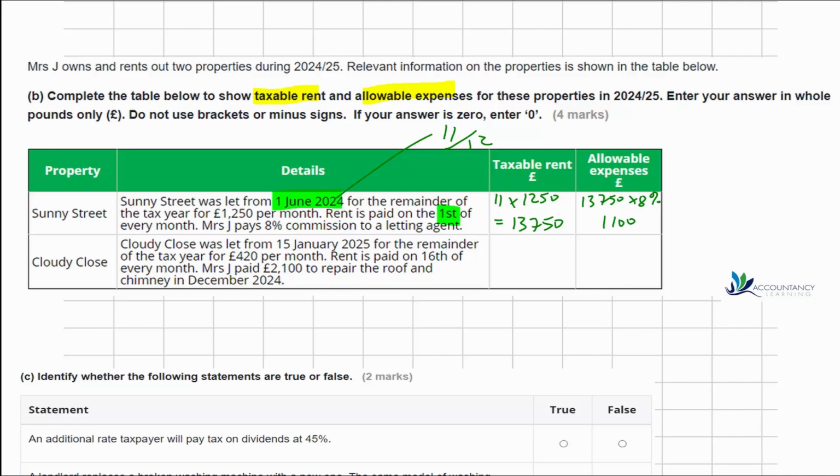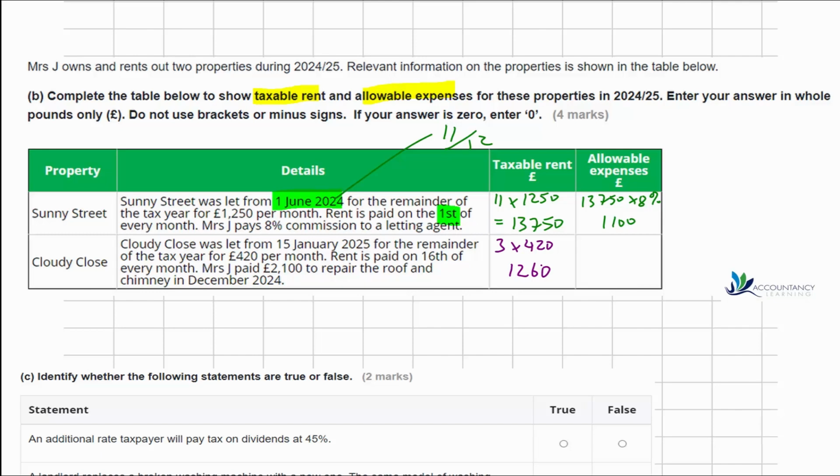And then for Cloudy Close was let from the 15th of January 2025 for the remainder of the tax year. So again, counting on our fingers, that's going to be January, February, March. So that's going to be 3 months, and we pay 420 per month. Again, we're told the rent is paid on the 16th of every month, so yeah, that's 3 months. So that means our income is 1,260.